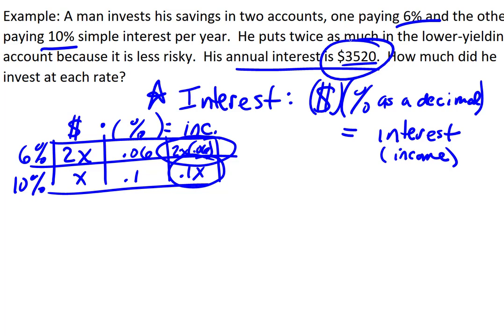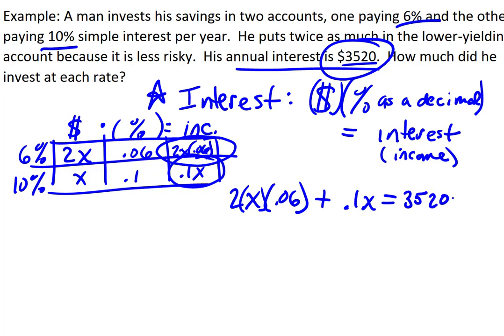So we can put this all together and say 2 times x times 0.06, that's the interest income amount for the 6% rate, plus the expression for the other account, which was 0.1x. If you put those two accounts together, the total income as given was 3520.